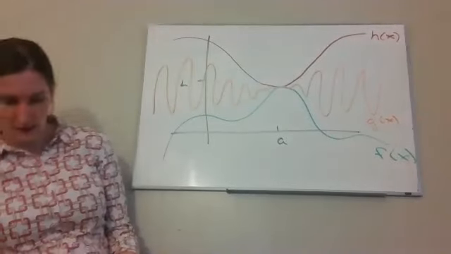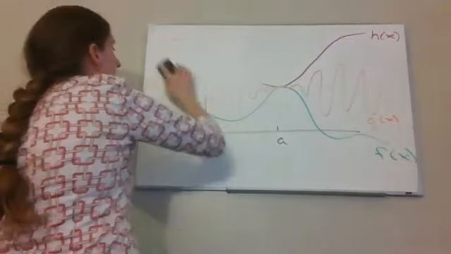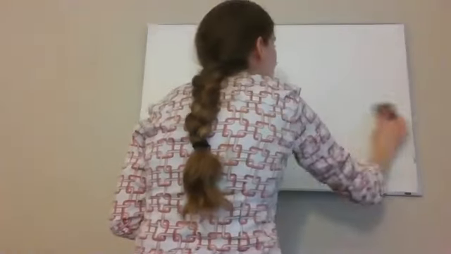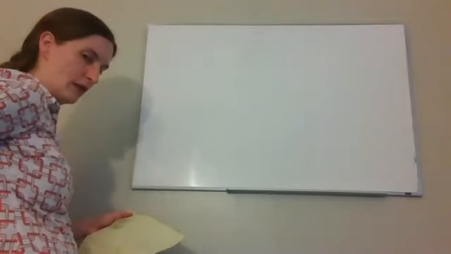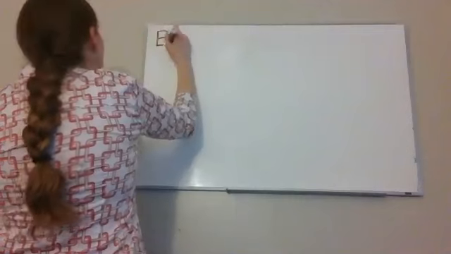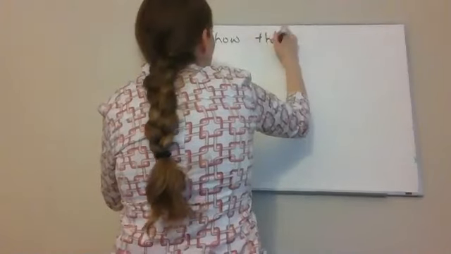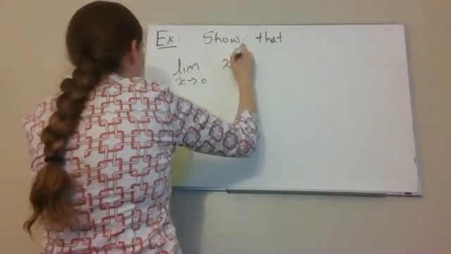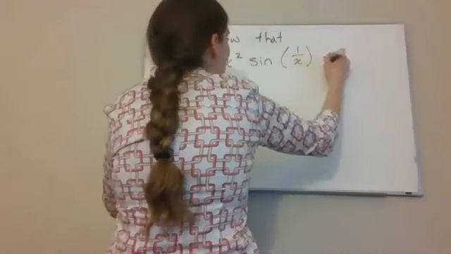All right, let's do an example using the squeeze theorem to evaluate a limit. We're going to show that the limit as x approaches 0 of x squared times sine of 1 over x is equal to 0.